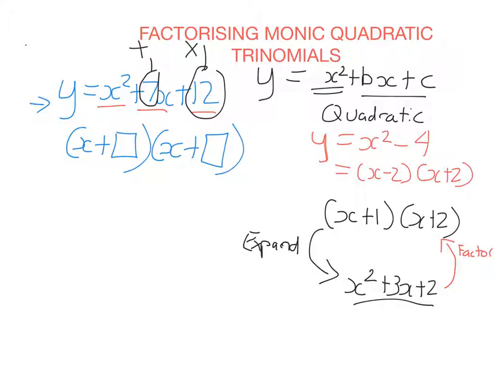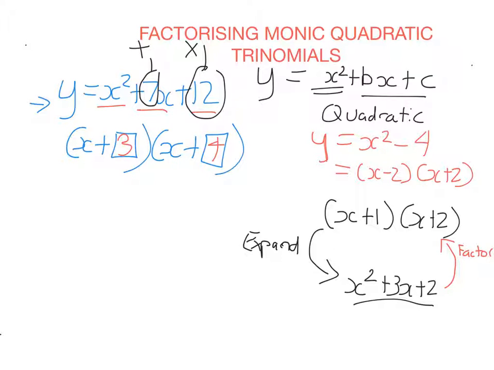So let's go through factors of 12 and find which of them add to 7. 1 and 12 obviously don't add to 7, 2 and 6 don't add to 7, but 3 and 4 do. So the answer is I put 3 and 4. Of course, it doesn't matter in which order I put them in because I'm multiplying. So x squared plus 7x plus 12 factors to x plus 3 multiplied by x plus 4. Okay, it's as simple as that.